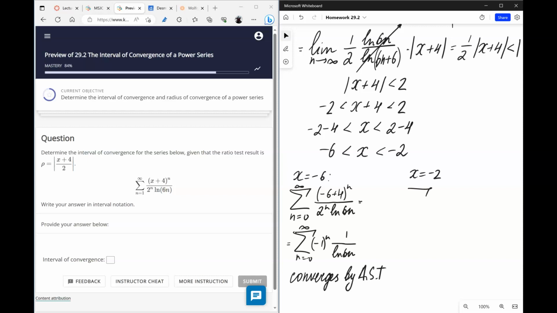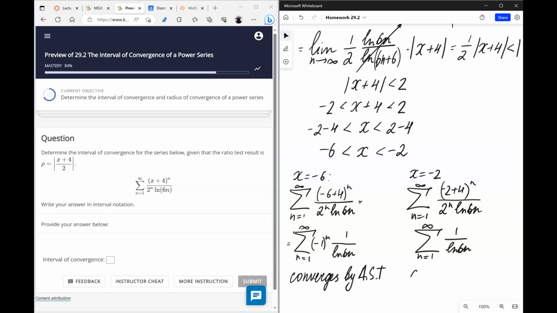On the other hand, when you plug in x equals -2, you end up with -2 plus 4, over 2 to the n, ln of 6n. -2 plus 4 is just 2, so 2 to the n cancels, and we just have this. And I don't think n is right, so actually n starts at 1. I just noticed that. The reason for that is that ln of 0 is not defined.